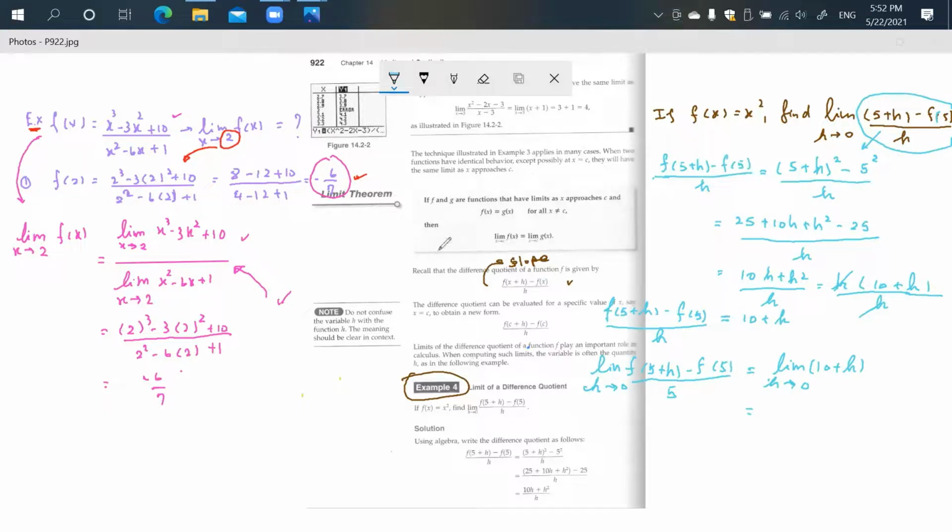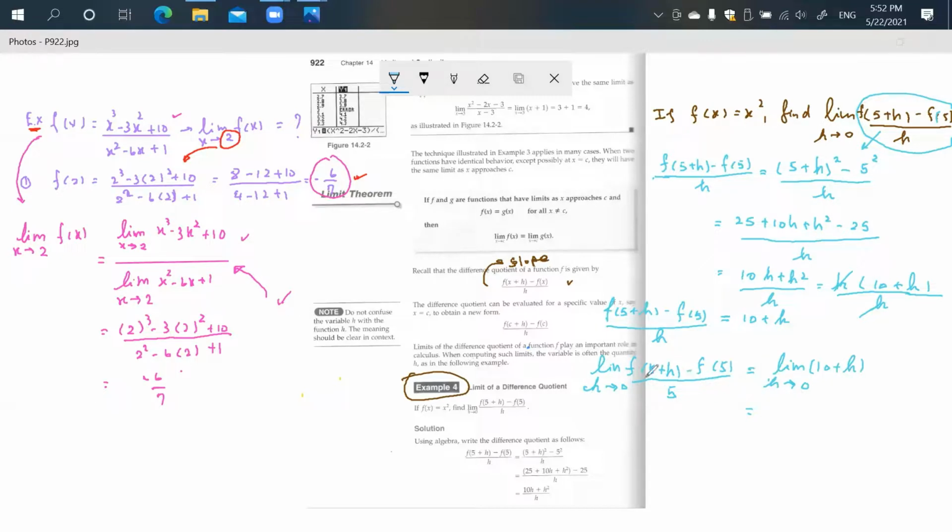This one should have f in front. Sorry. I use the same color. It should have f in front, and this one already has f. Okay. Now come back.